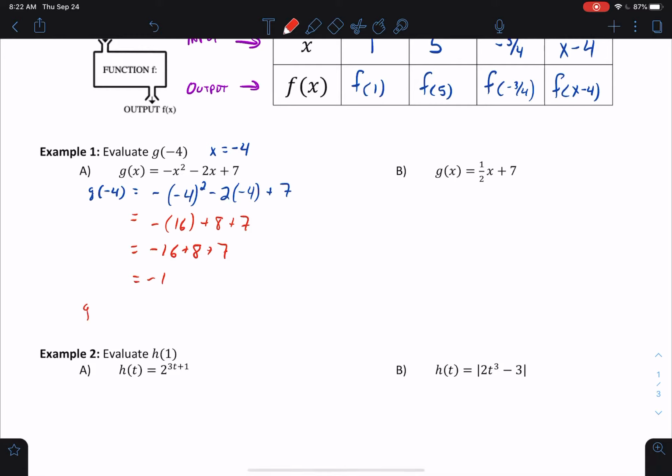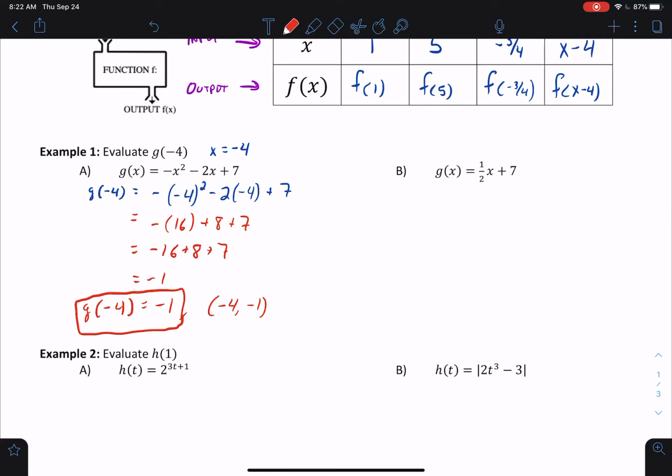So g of negative 4 equals negative 1. What that means, remember, is that if I were to graph this, my x-coordinate is negative 4, and my f of x, or my output, would be negative 1. So that is a coordinate that we have.